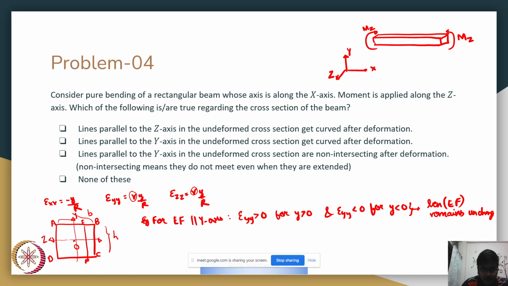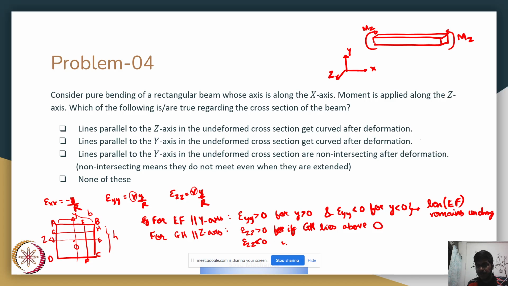Similarly, if we look at a different line, say GH, which is parallel to z-axis in the undeformed configuration, you see that epsilon zz is greater than 0 if GH lies above the origin, above the centroid, and epsilon zz is less than 0 if GH lies below the centroid.